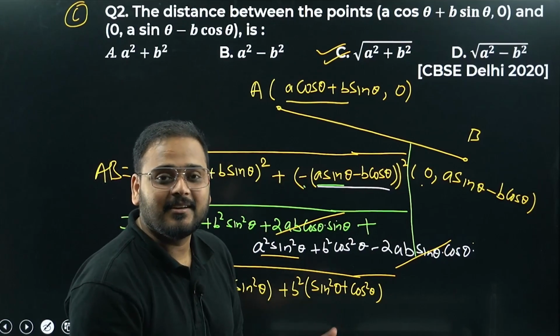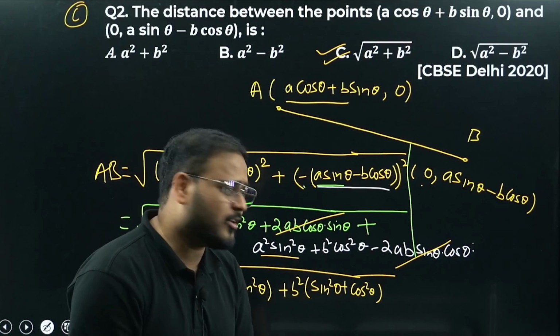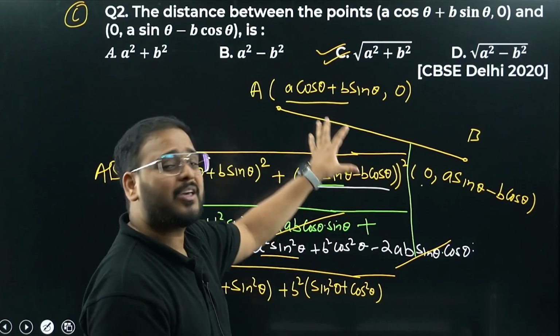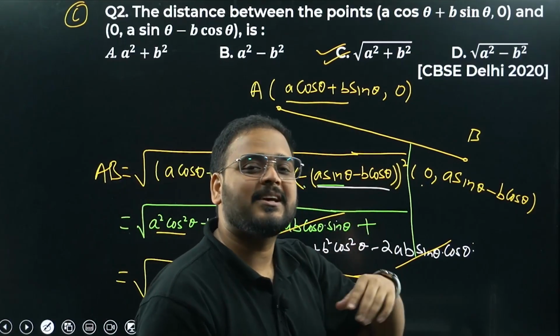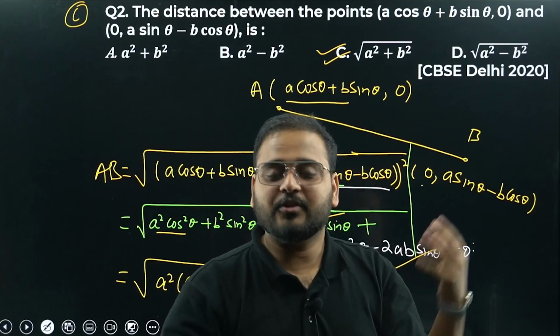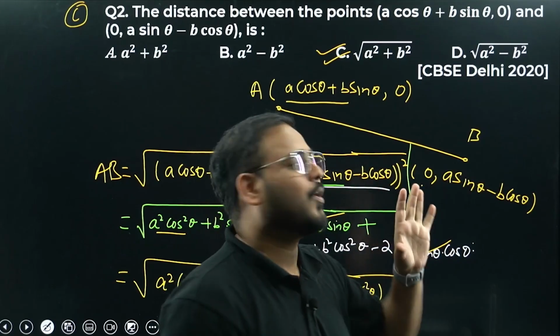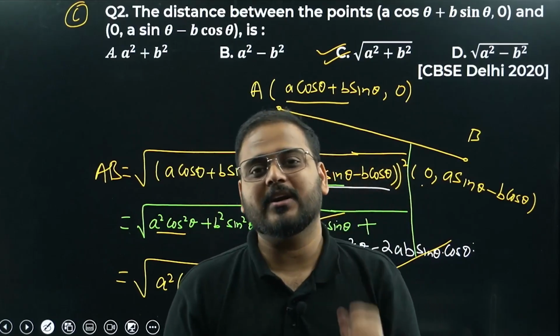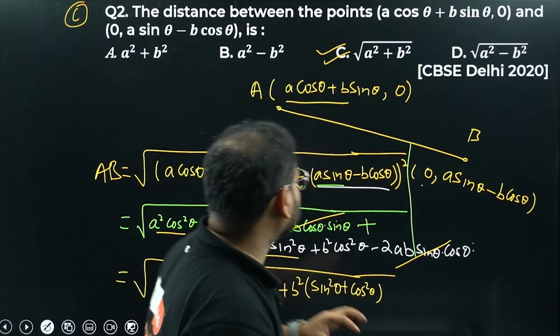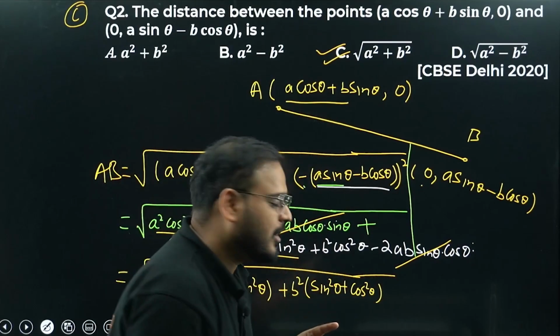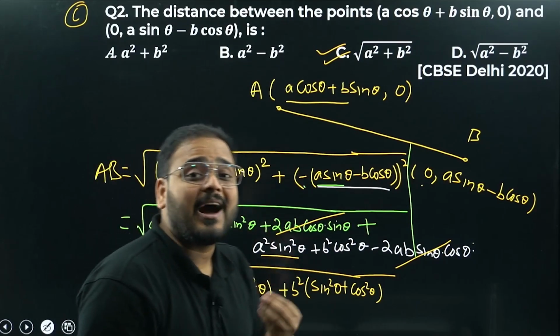We all know the identity. Sir, we have not learned trigonometry so far. But this is a PYQ. When you write this kind of question in your boards, it means concepts from all chapters can be included in one question. So even though you're dealing with coordinate geometry, the concept from trigonometric identities is there.